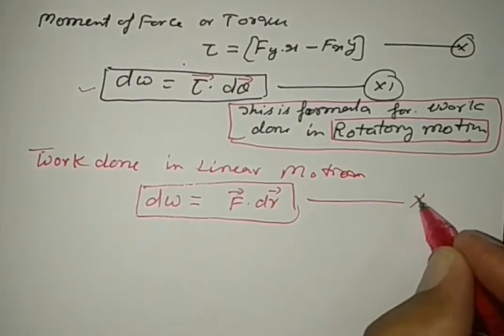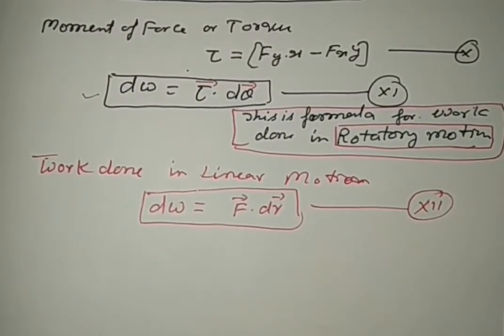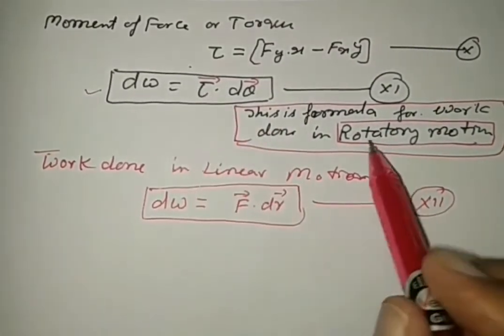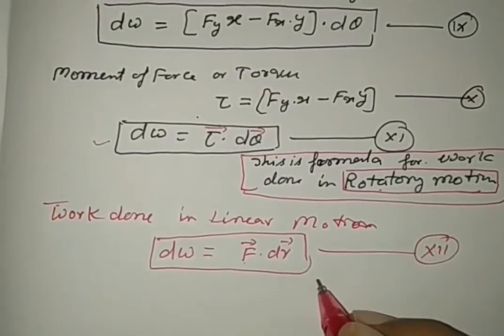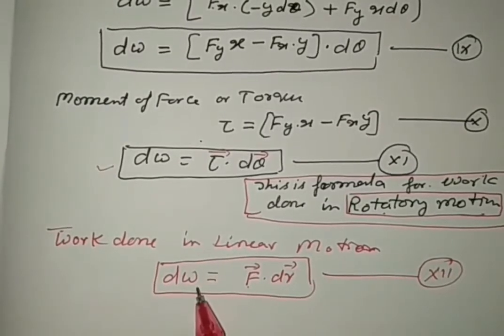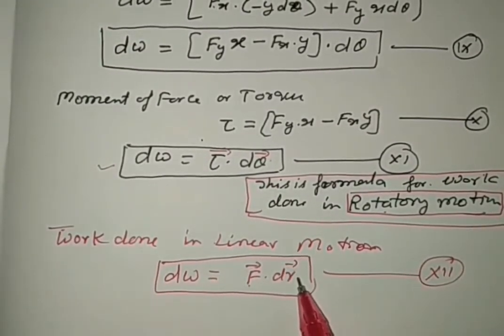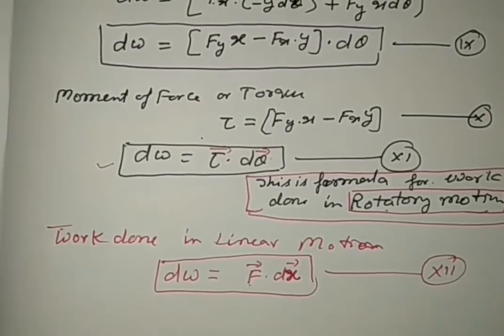This formula we have taken as equation number 12 to make the concept clear. So torque is a physical quantity in rotatory motion, and force is a physical quantity in linear motion. We say dw is the same. Here is angular displacement, here is linear displacement dr, or we may write it as dx.